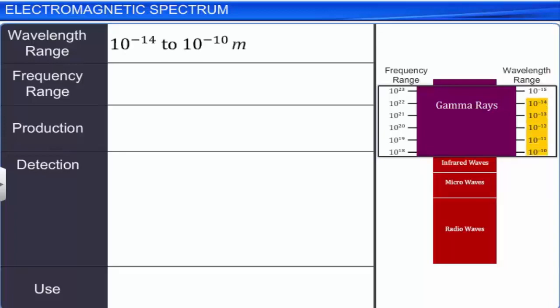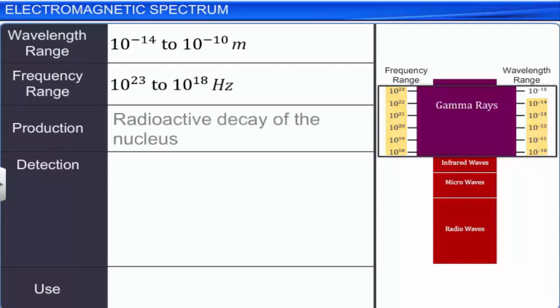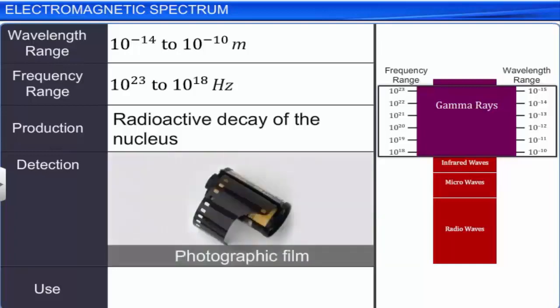Frequency range of gamma rays is from 10²³ Hz to 10¹⁸ Hz, which lies in the upper frequency range of the electromagnetic spectrum. Gamma rays are produced by the radioactive decay of the nucleus. They are detected by photographic films, Geiger tubes, and ionization chambers. They are used in medicine to kill cancer cells.